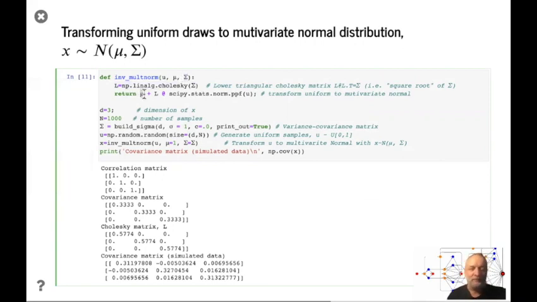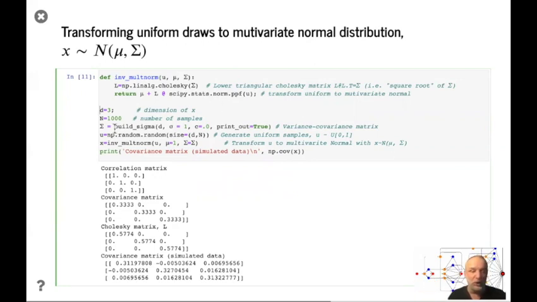Then you add the vector of means, and you multiply that Cholesky matrix with your standard normal draws, which you get by taking the inverse of the standard normal and applying it to these uniform random numbers. So this transforms uniform random numbers to normally distributed random numbers with mean mu and variance covariance matrix sigma.